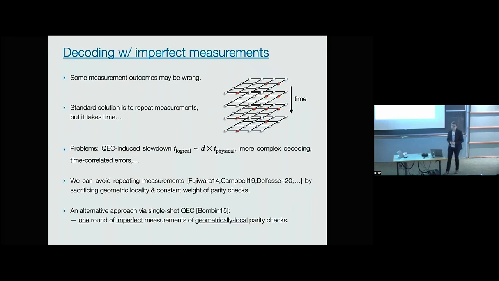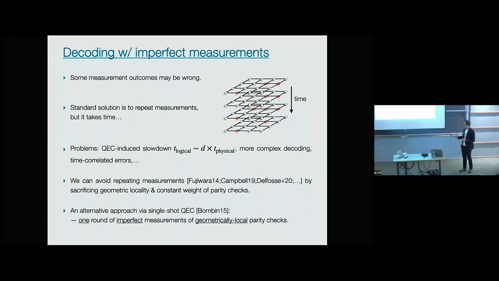Well, there's this beautiful idea of single-shot quantum error correction due to Bombin. What it is, it's about the possibility to implement robust quantum error correction with only one round of imperfect measurements of geometrically local parity checks.